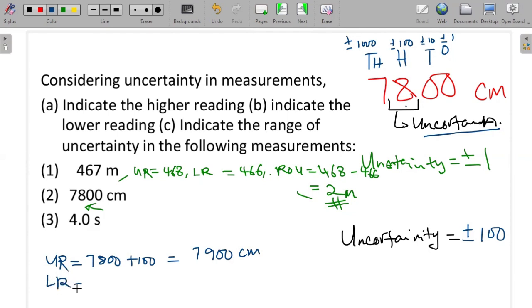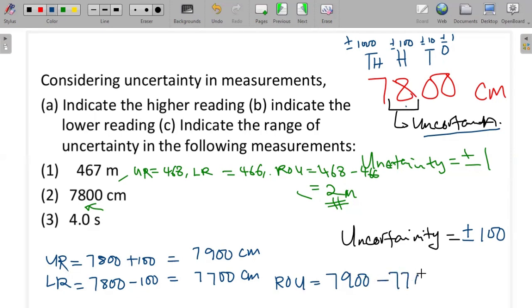The lower reading is 7800 minus 100, because it's lower, which is 7700 centimeters. The range of uncertainty will be the upper reading 7900 minus the lower reading 7700.